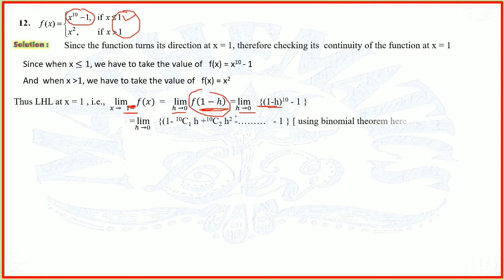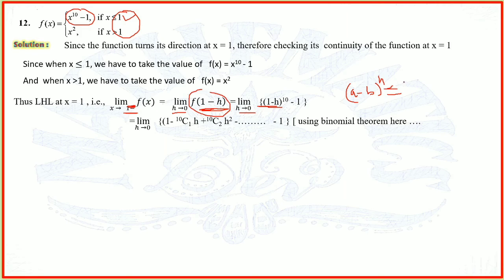Which is equal to limit h tends to 0. As you can see, (a minus b), you might have learned the binomial theorem in 11th standard. What was the binomial theorem? First number plus or minus second number raised to n.